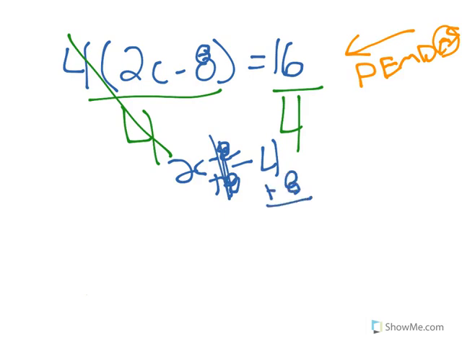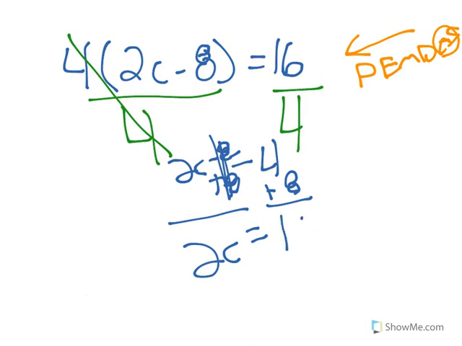And you've got to do it to both sides. So what are you left with? 2c equals 4 plus 8. Just do 4 plus 8. Sorry, my brain. 4 plus 8 would equal 12.